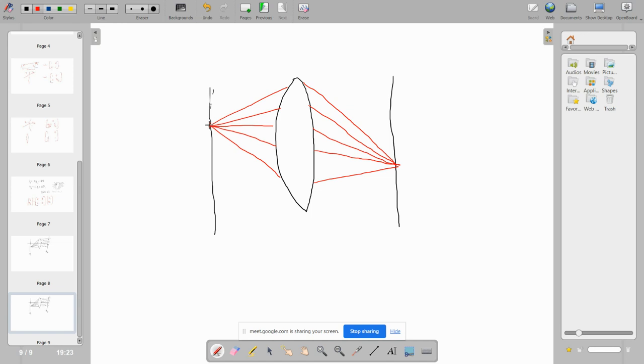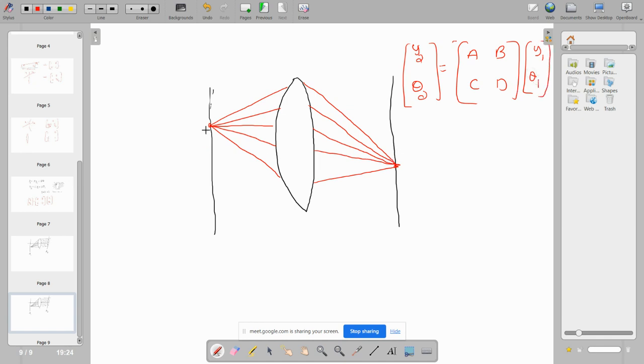Okay, it is coming from a particular point and it is reaching a particular point. Correct? So I have my y2, theta 2, matrix a b c d, y1, theta 1.